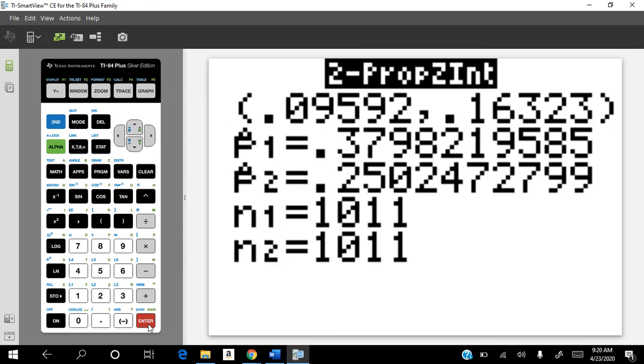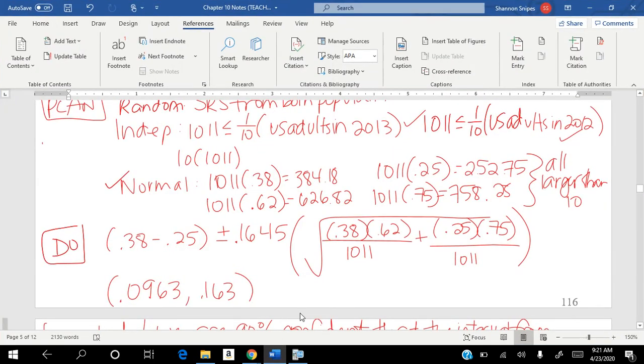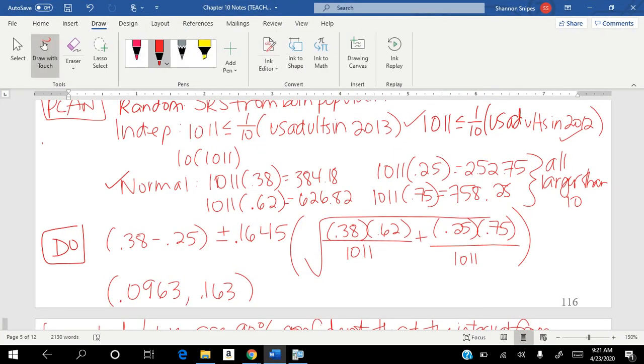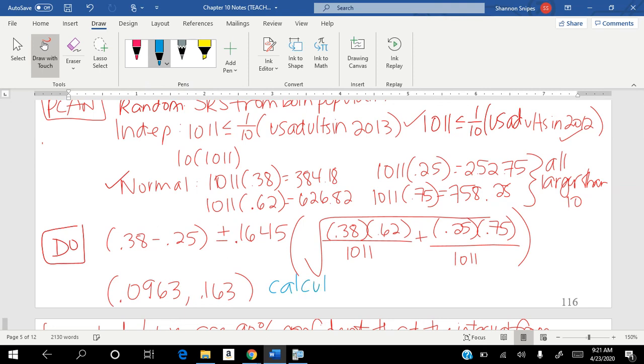So you can see that the interval is 0.09592 to 0.16323. All right, so let's go back here. And if we use our calculator, we got 0.09592 to 0.16323.